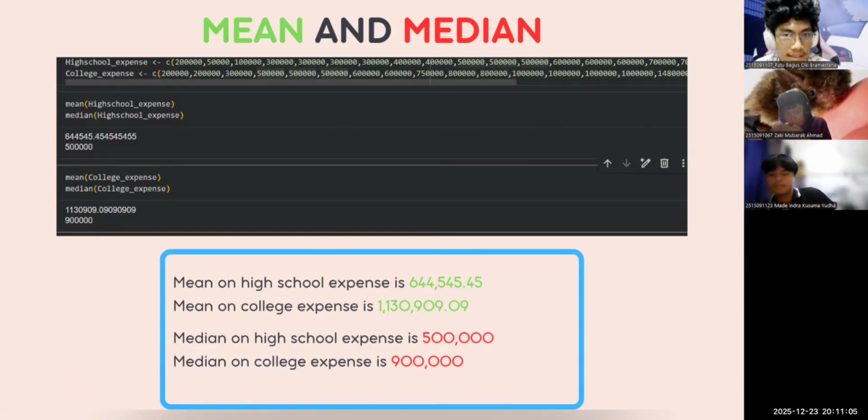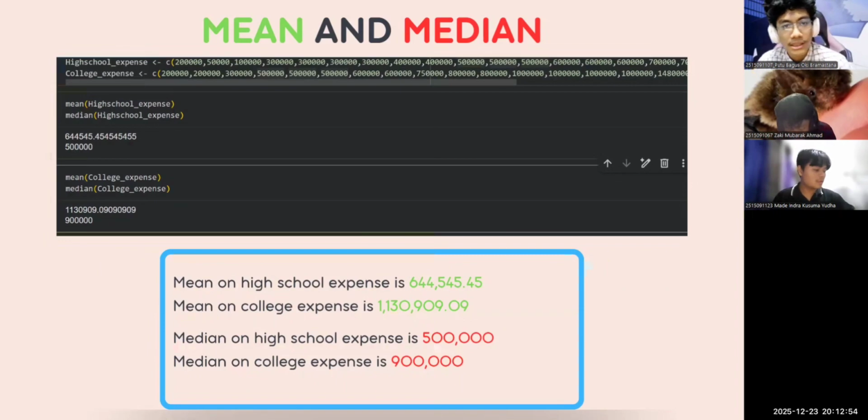In that table, college expenses are more expensive than the high school ones. So we got here the mean and median of both groups.